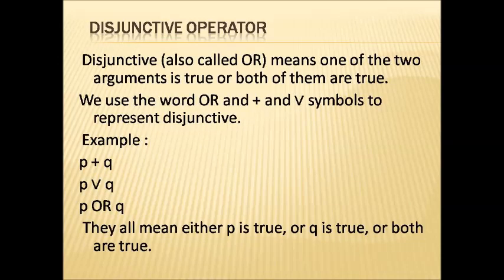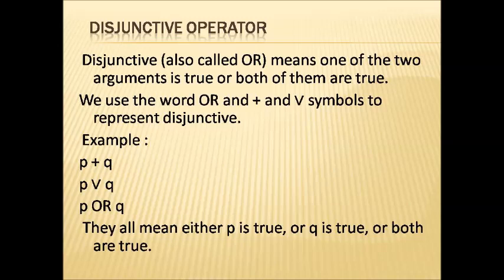First we will discuss the disjunctive operator, which is also called the OR operator. What is the meaning of this disjunctive operator? It is used for forming compound propositions. It means that, suppose two arguments are there, one of the two arguments is true or both may be true.